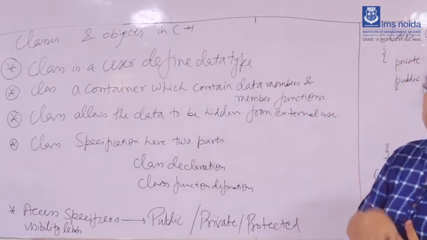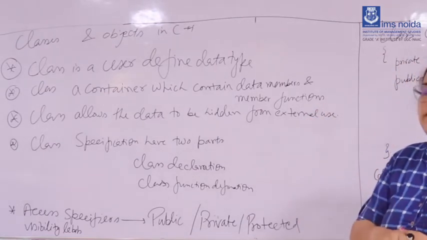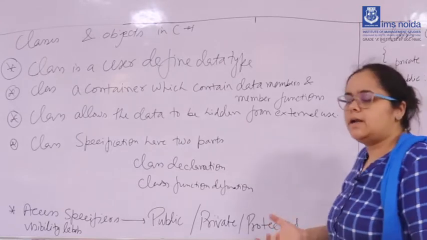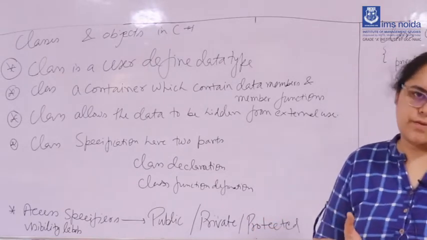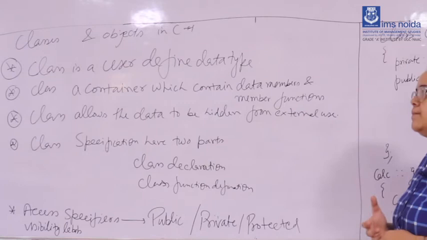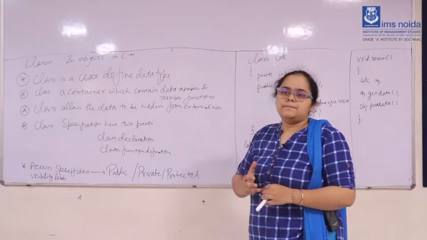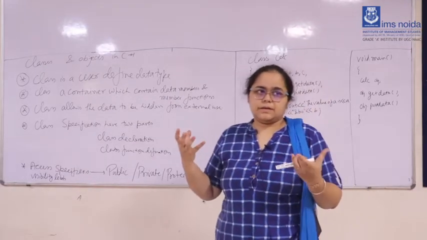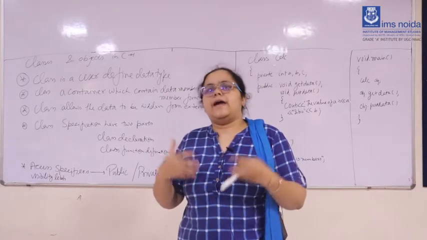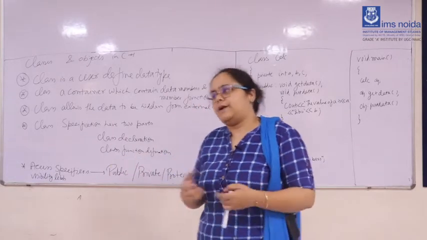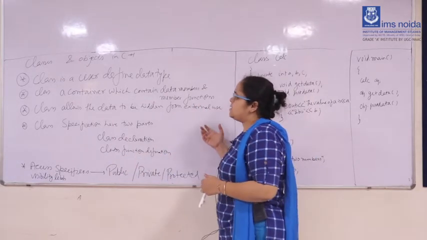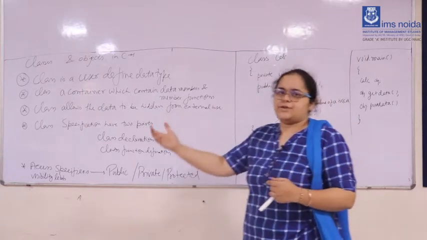So it is encapsulated into a single unit, and you can say it is a container which contains data members and member functions. A class is a container in which you can have n number of data types with n number of data members. A class allows the data to be hidden from extra uses.